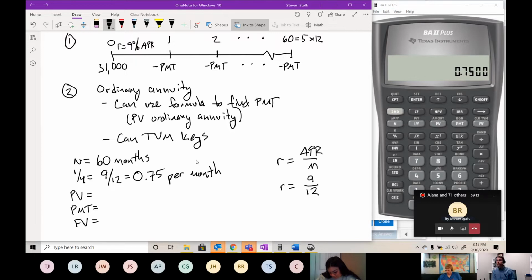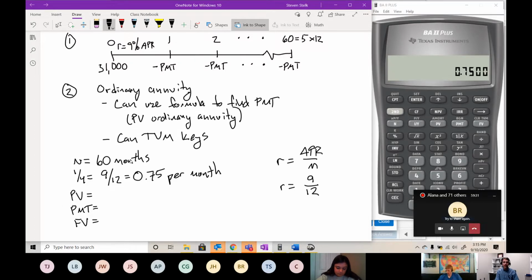So starting in chapter 5, we're going to have to really pay attention to the frequency of the payments. Another way of saying the frequency of the payments is the number of compounding periods per year. We need to make sure that the units on N and I over Y always match.